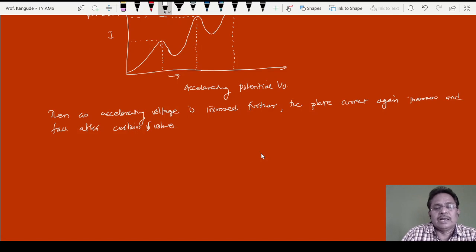And the further trend is again the same. That means if I go on increasing the accelerating potential still further, the trend continues. The rise and fall of this plate current continues.